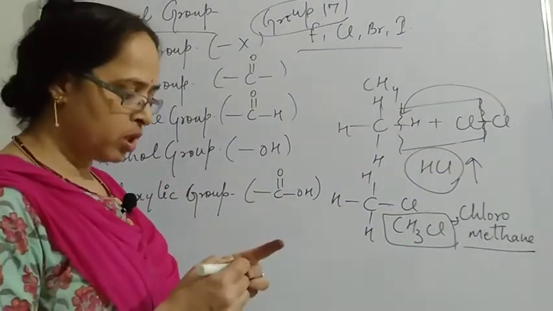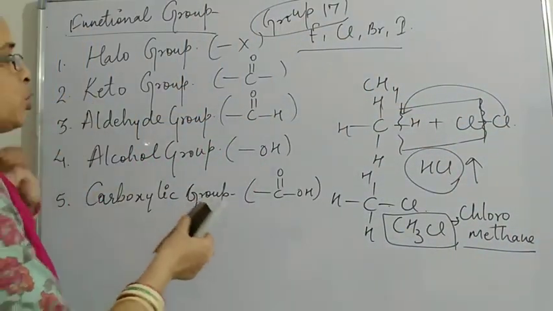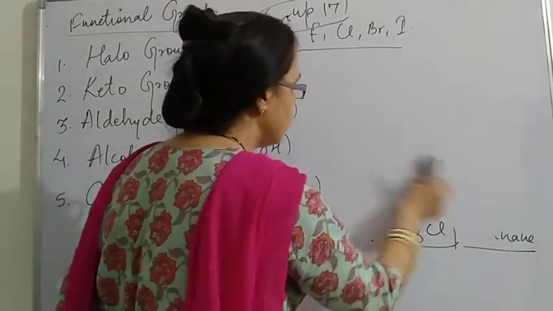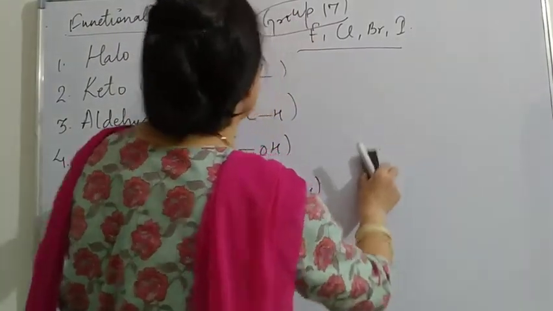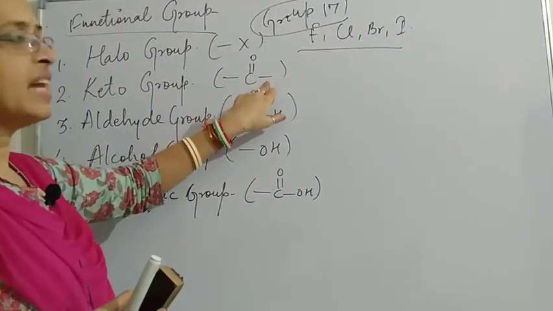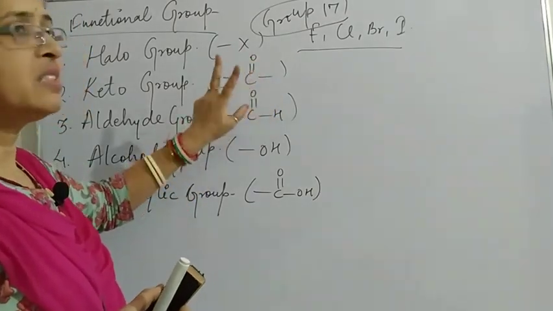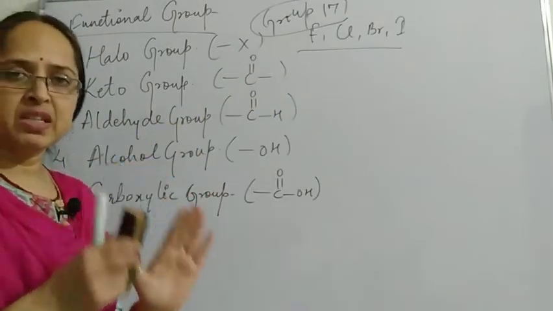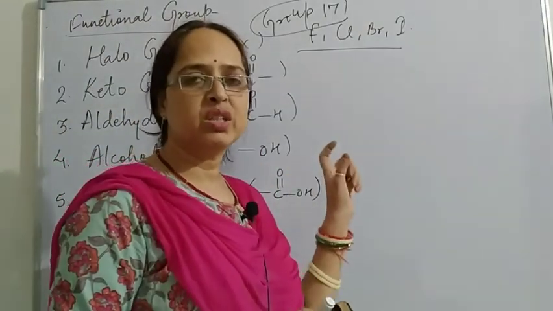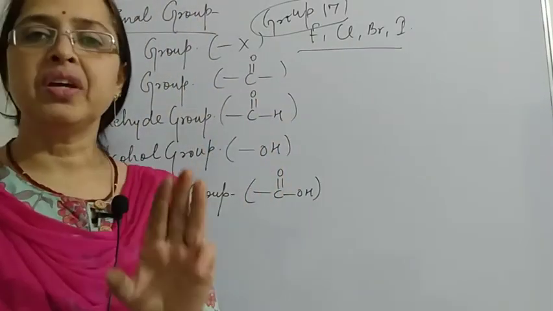Now we talk about the next functional group, that is the keto group. In the keto group, this carbon has one oxygen with a double bond, and here you can see one dash on each side, that means one bond is over here and one bond is over here. This means that the keto group is present between 2 carbon atoms. That means the first keto compound should be a 3 carbon compound.